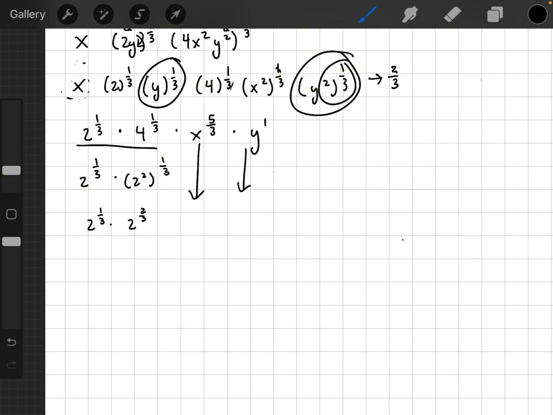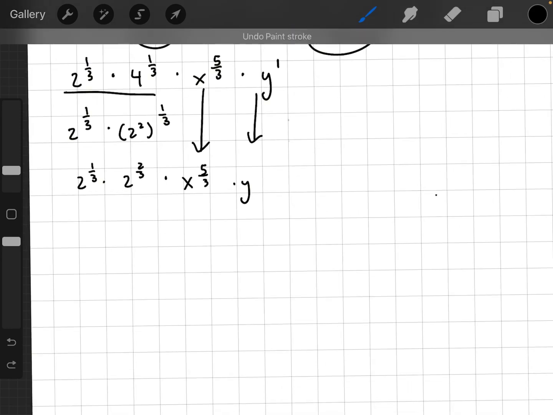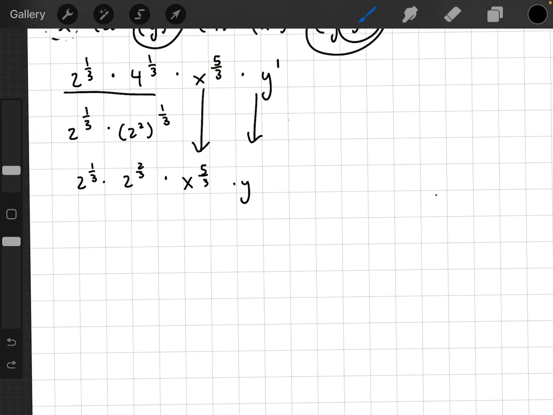We'll bring these down. So it's multiplied by x to the power of 5/3 times y. Y to the power of 1 is just y. Now that these two are finally the same base, we can simply just add their exponents together. So 2 to the power of 1/3 plus 2/3 just equals the power of 1 times x to the power of 5/3 times y. So now the final answer, once simplified, is 2x to the power of 5/3 y.